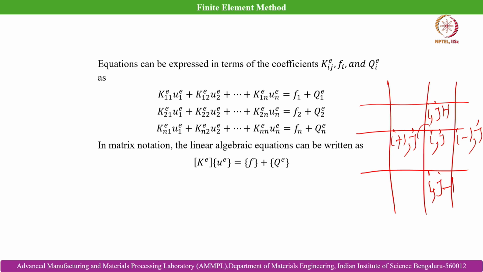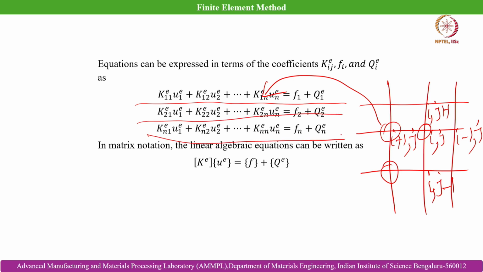So, for each individual node we are getting a nodal equation: k_11 u_1, q_1, k_12 u_2, that means i is 1, j is also 1, here i is 1, j is 2, and u_j with j equal to 2. Likewise we are getting the individual equations, which are called nodal equations, and finally we can write them in matrix notation.